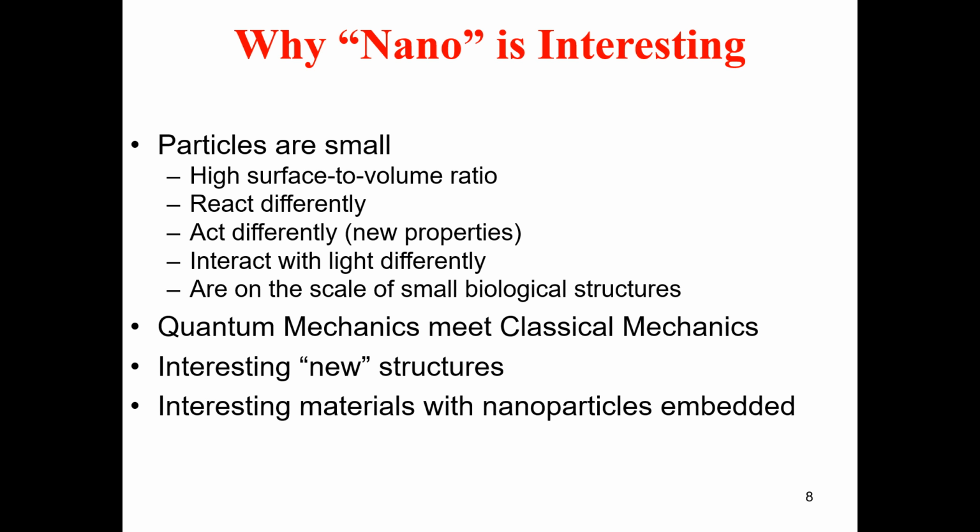So we have interesting materials with embedded nanoparticles. We have larger-scale bulk materials, and those bulk materials are made from the smaller building blocks that we call nanoparticles. Though we grow bulk materials, since they have nanoparticles as building blocks, they have the interesting properties of nanomaterials.